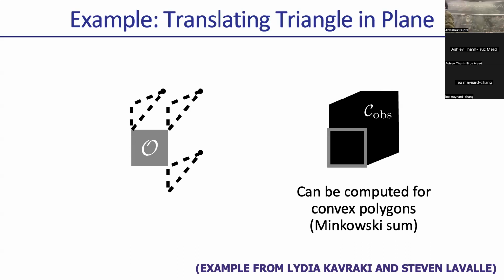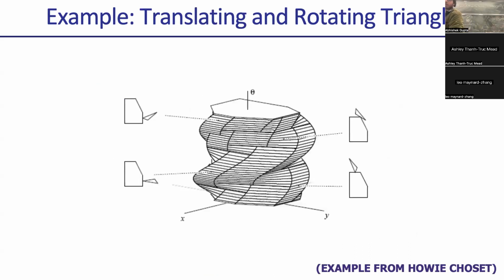You can think of a triangle that is rotating and translating as a combination of many just translating triangles. So slice up this space into a fixed theta, and find out what the configuration space obstacle looks like for fixed theta with the thing we just did in the last slide. It's going to look different for every different orientation.